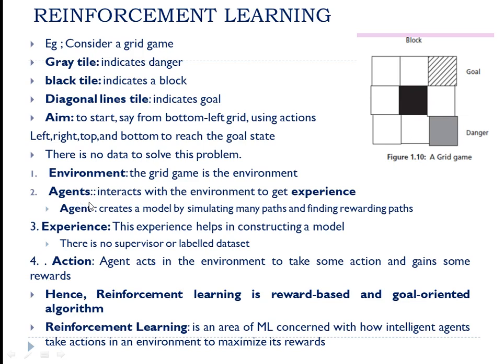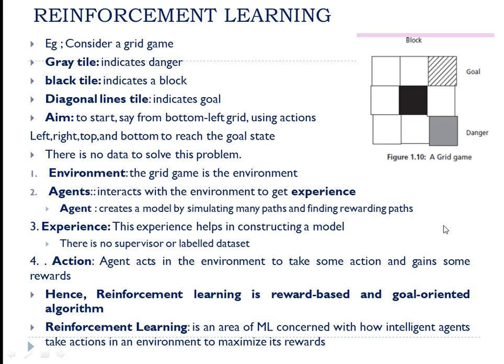What is an agent? The agent is basically our program, which will learn through this reinforcement method. The agent will interact with this environment, and when it is interacting, it will get some rewards, positive or negative, and therefore gets experience. The agent will create a model by simulating many paths.